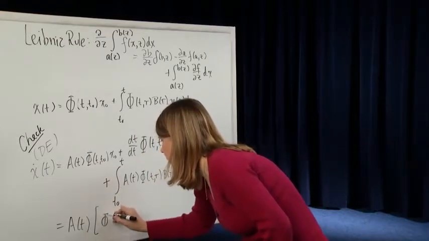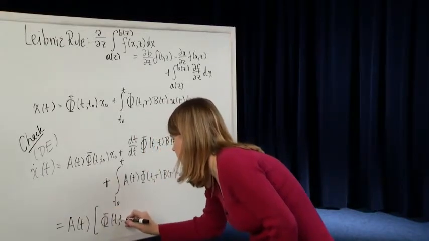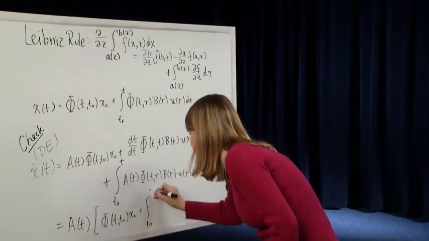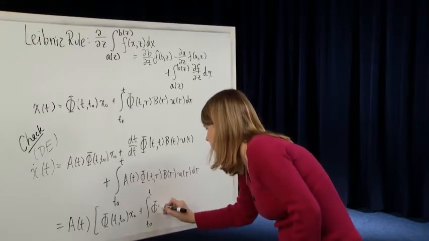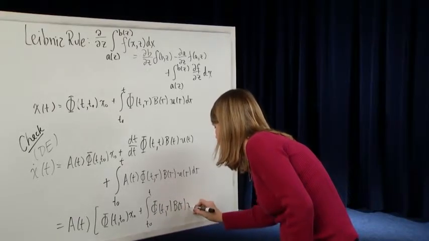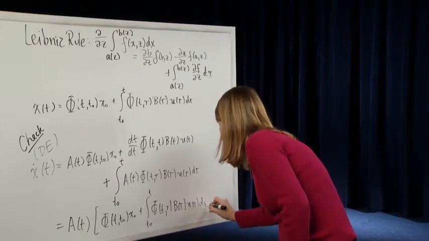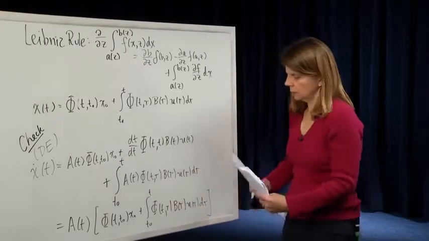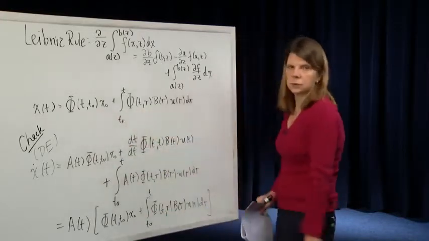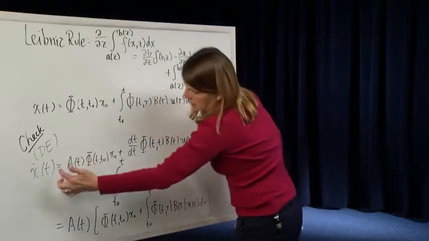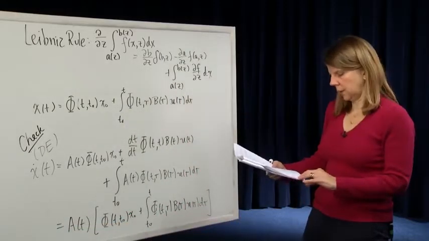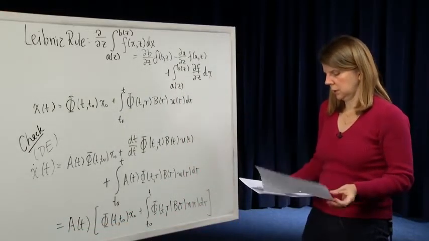And then we've got the contribution from the initial condition and the contribution from the integral, the input. Phi of t, tau, b of tau, u of tau, d tau. Okay, so we see immediately that we've recovered inside the square brackets our candidate solution x of t. So indeed, x dot of t is equal to a of t x of t. And we've shown that it satisfies the differential equation.